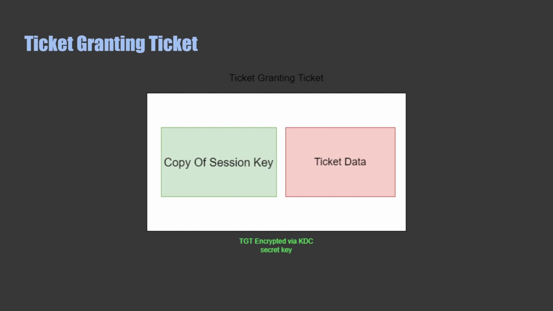This is why this ticket is so valuable. If you were able to forge these tickets, you'd be able to perform an attack known as a golden ticket. That basically means you've somehow gained access to the KRBTGT key, the private key of the KDC, and you've been able to manipulate and forge this data, so you can basically become a domain admin.